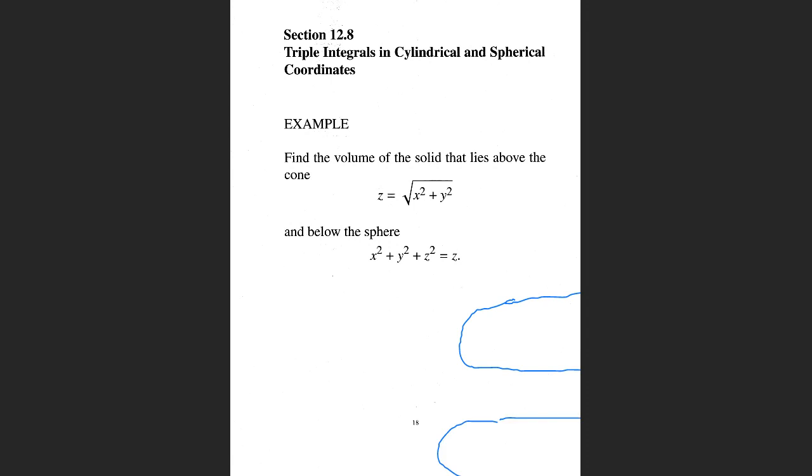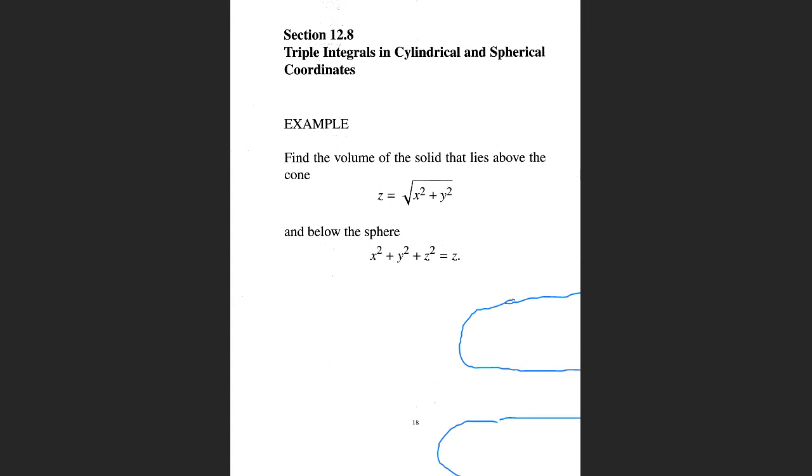Now, of course, spherical coordinates work great with spheres. And here you have a cone. Sometimes you can use cylindrical coordinates as well for problems. What I'm trying to say is you could have a problem where rectangular coordinates don't work, but cylindrical and spherical coordinates will work.